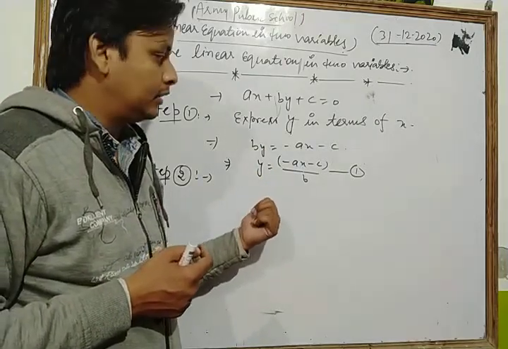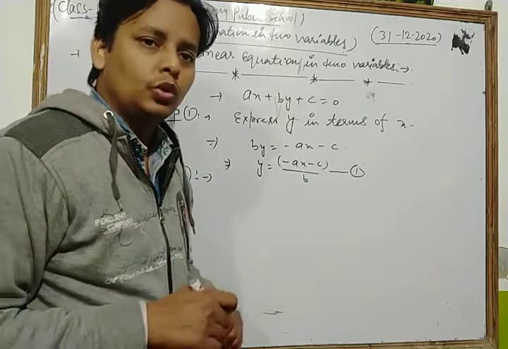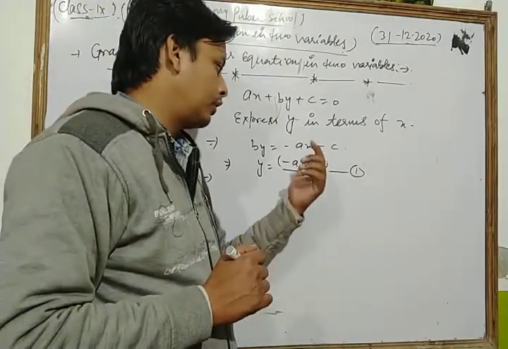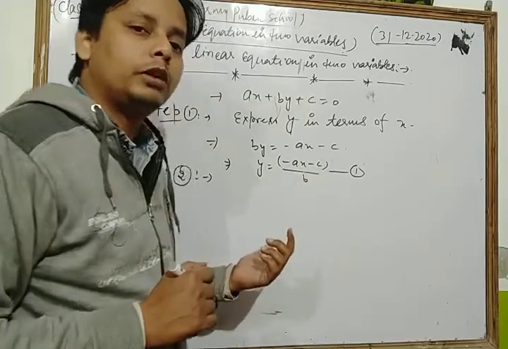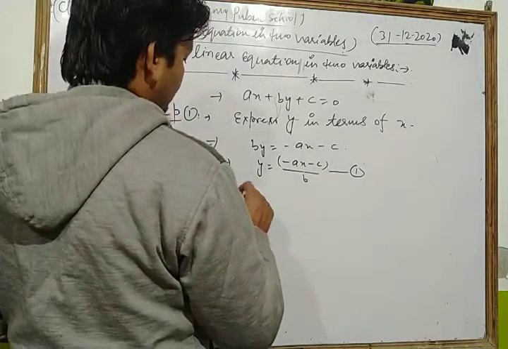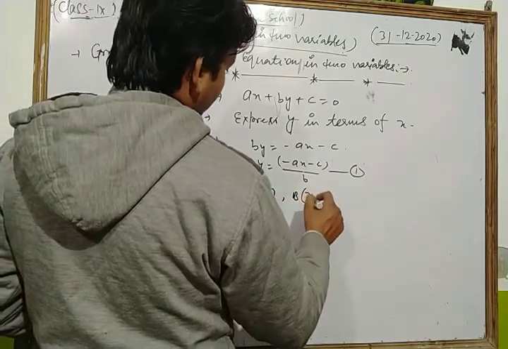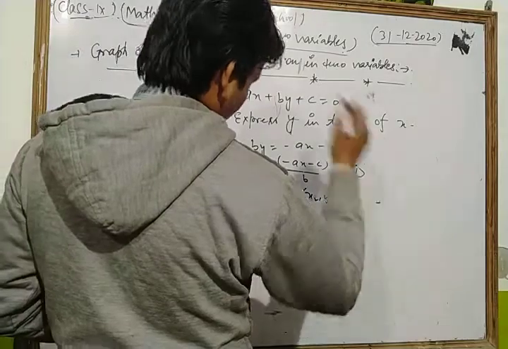We take two or more than two suitable values of x and get the corresponding values of y. Suppose that we have points, the first is x1, y1, the second is x2, y2, and so on.